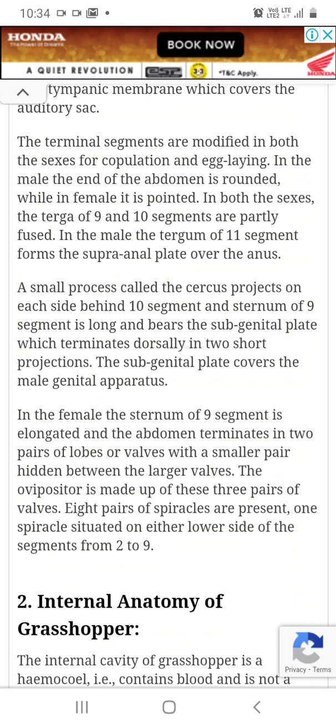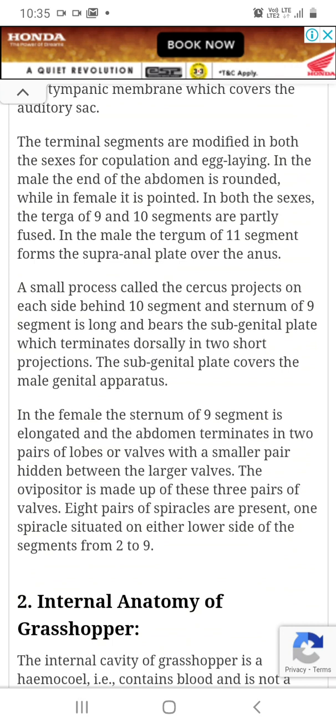Both male and female have a projection called cercus on each side behind the 10th segment, and sternum of 9th segment is elongated and bears a plate which is called the subgenital plate, which covers the male genital aperture.